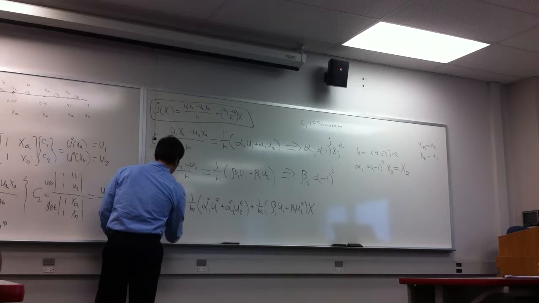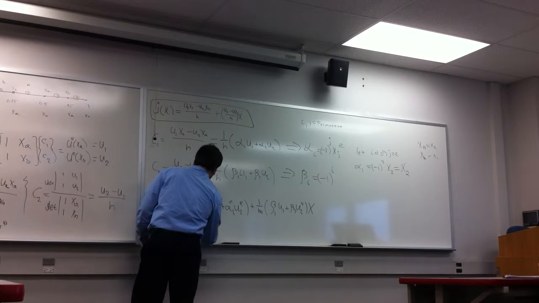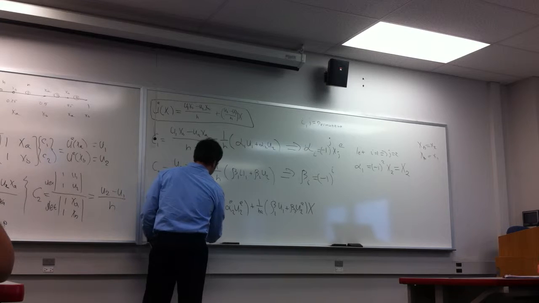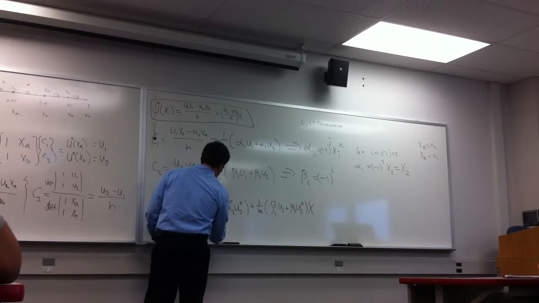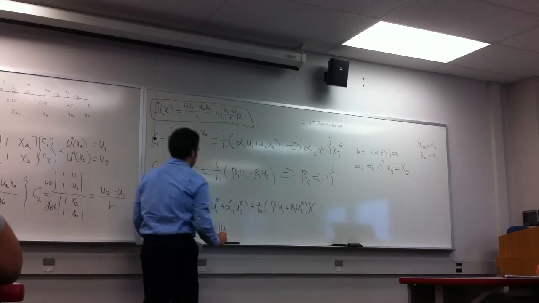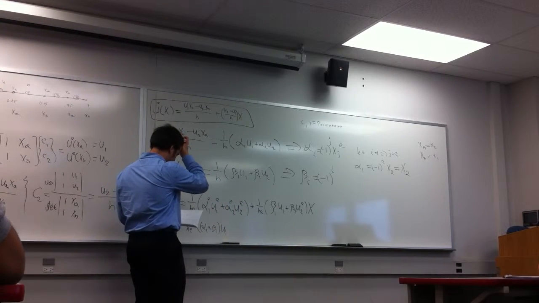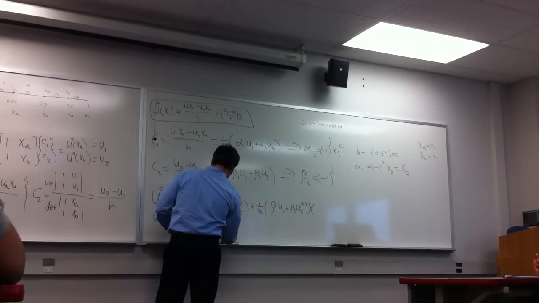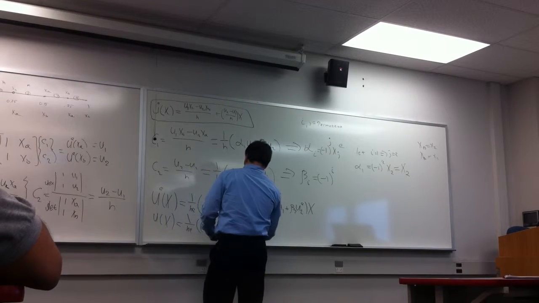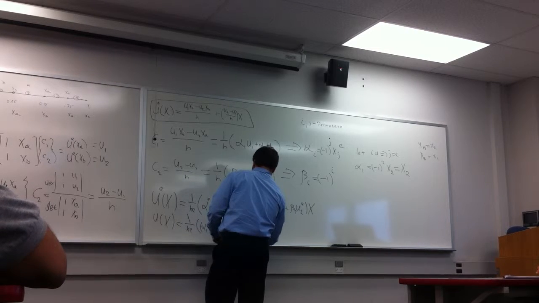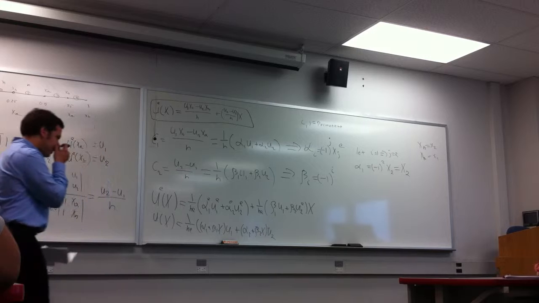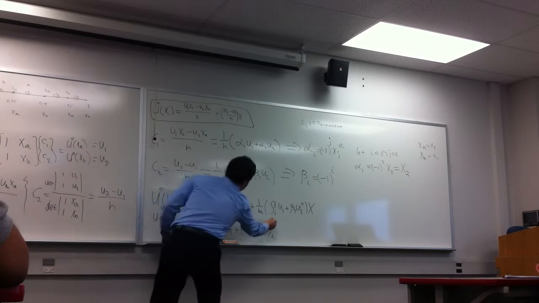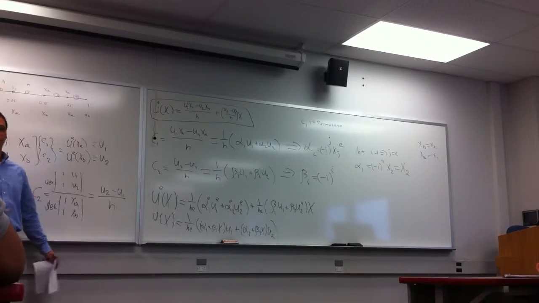So u of x is 1 over h, alpha 1 plus beta 1, U1, plus alpha 2 plus beta 2, U2. All right, is everybody good so far? What I did, I just collected the terms.